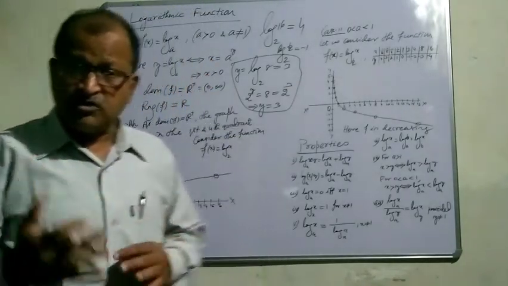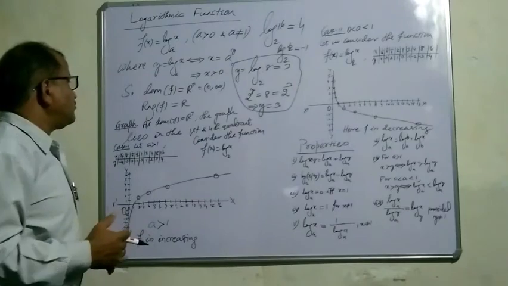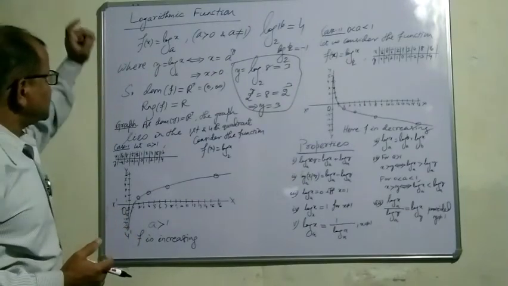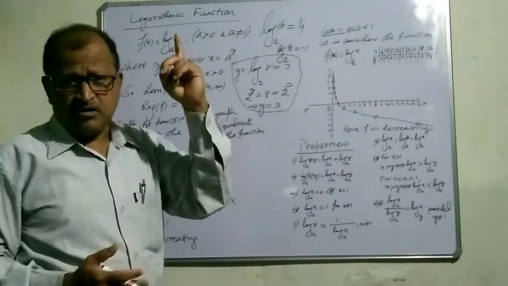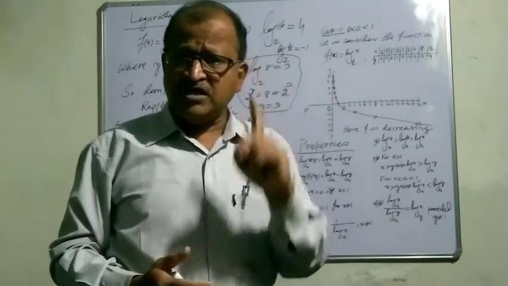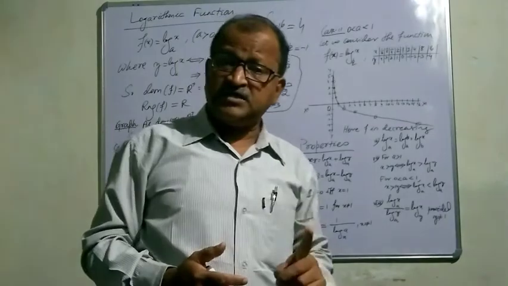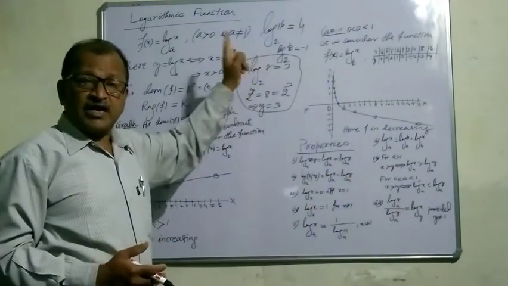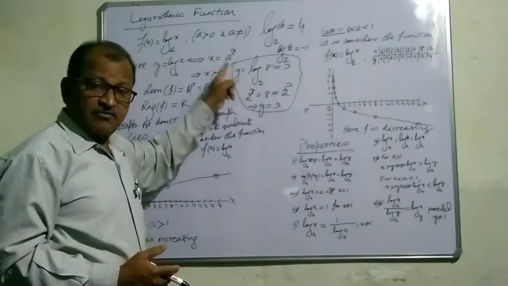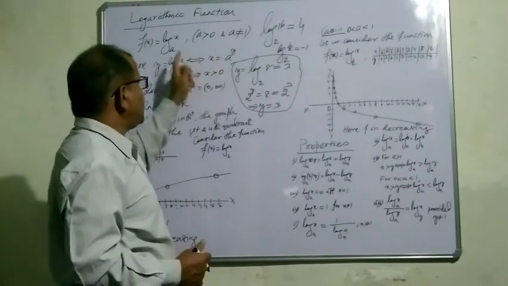So let us find out its domain. x is a to the power y, where y is a real number. a to the power y is a real number, and a is a positive real number, so a to the power y cannot be negative.